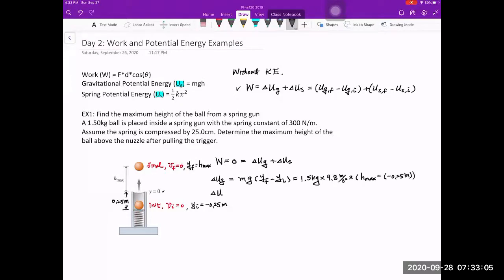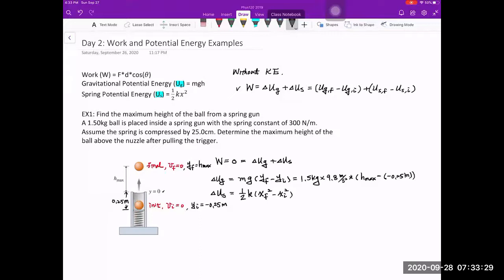And we can also look at the change of the spring potential energy. That is equal to 1/2 k x squared. Okay, and you have the final one minus the initial one.